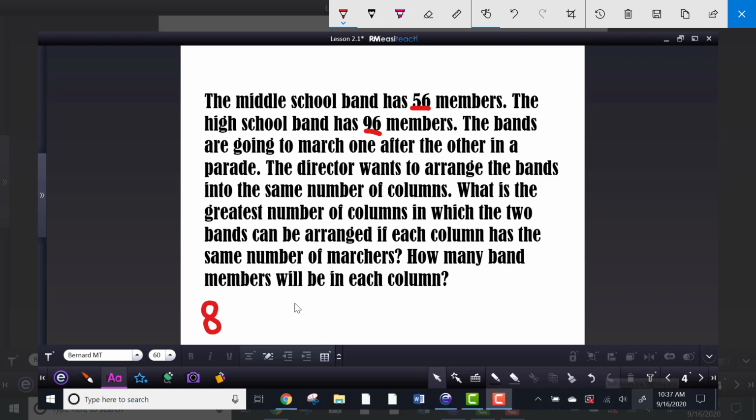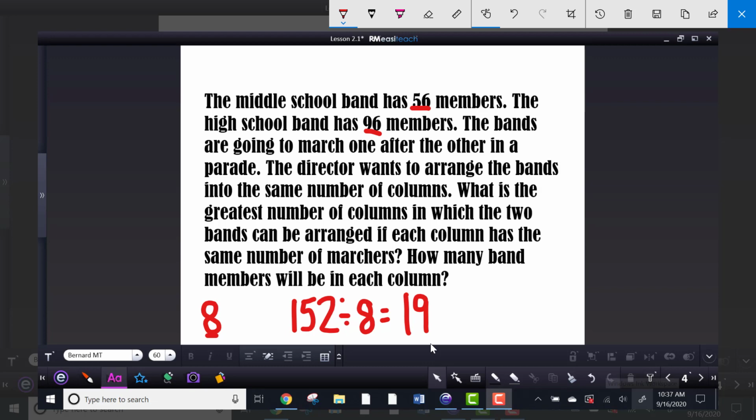What I need to do is take out my calculator, take 152 total band members, and divide them by 8, because 8 is the greatest number of columns in which the bands can be arranged. So take 152 divided by 8, and that means there will be a total of 19 members in each column.